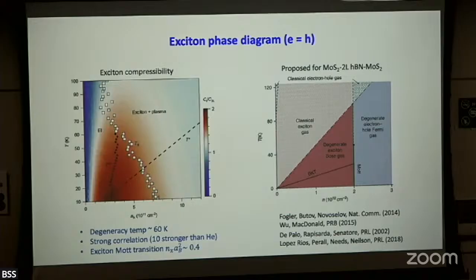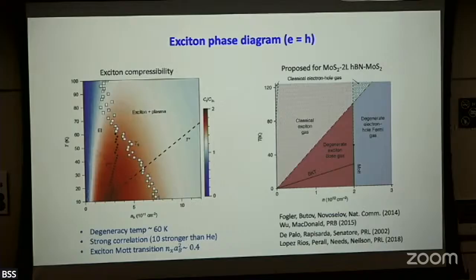Let me show you the phase diagram in the special case when electron and hole density are the same along that red line. What I'm plotting here is temperature versus pair density. On the right, I give you this schematic, simple calculation from Fogler's paper as a guideline. The color means the exciton compressibility.